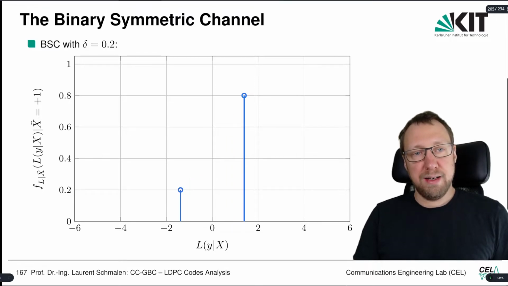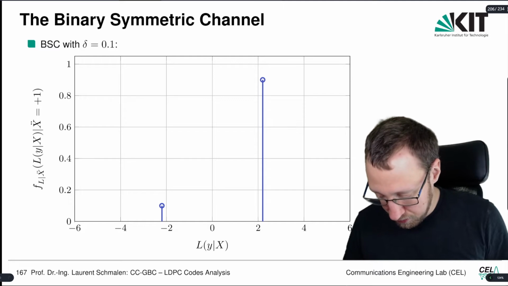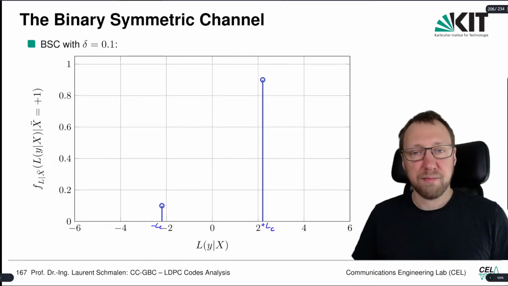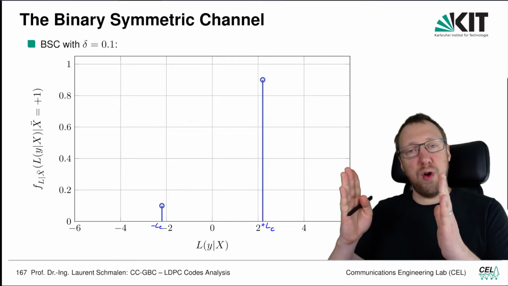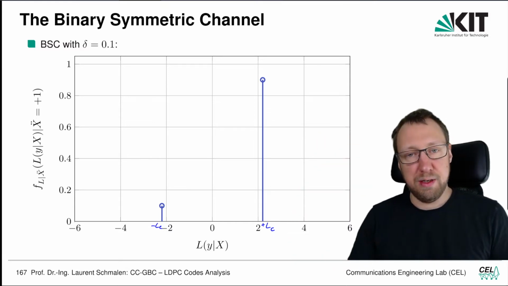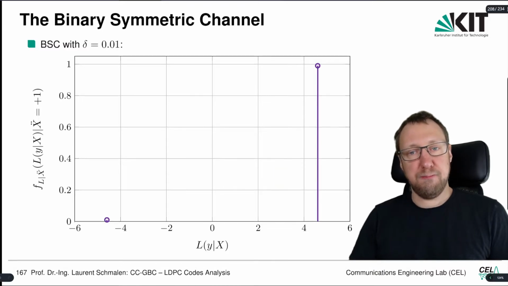If delta is 0.2, the situation looks like this. If delta is 0.1, the situation looks like this, with plus L_C and minus L_C again. And again, they move further apart, and the height difference becomes slightly different. And this is for delta equals 0.01.